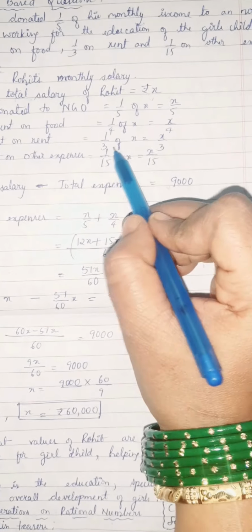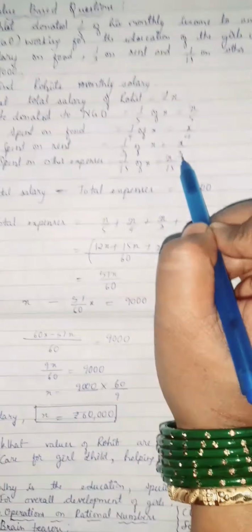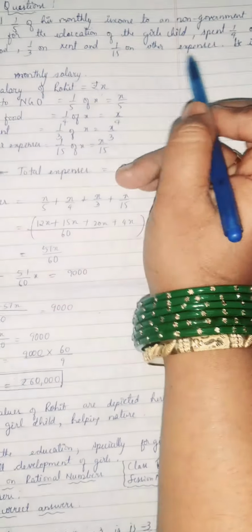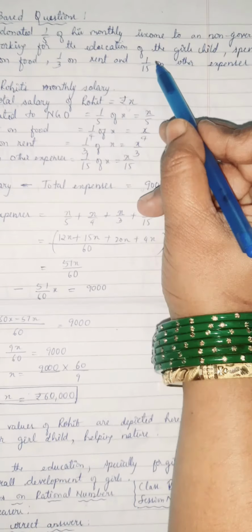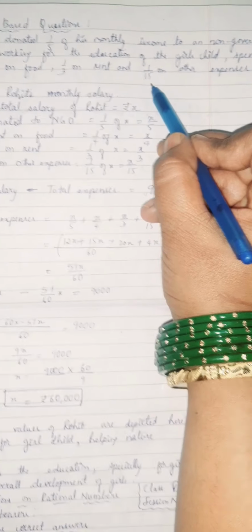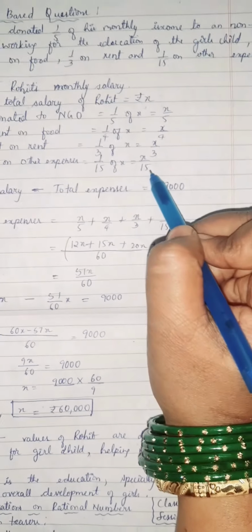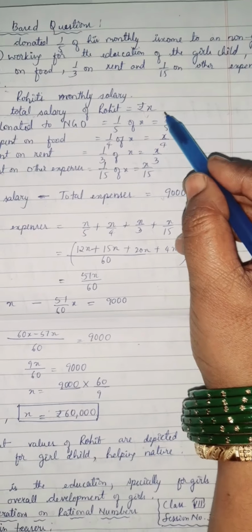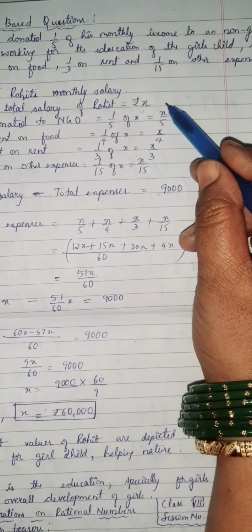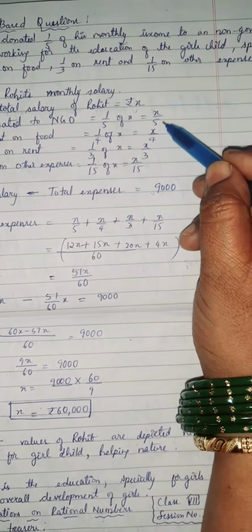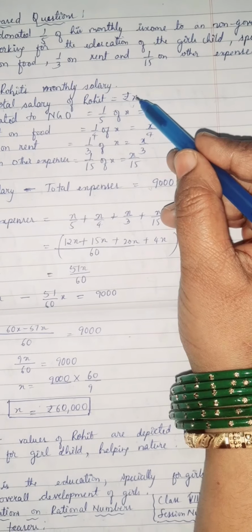So 1 by 3 of X is equal to X by 3. Then the other expenses, how much is he spending? 1 by 15 of his salary, that is 1 by 15 of X, which is X by 15. So these are the expenses he is spending out of his salary, that is X.